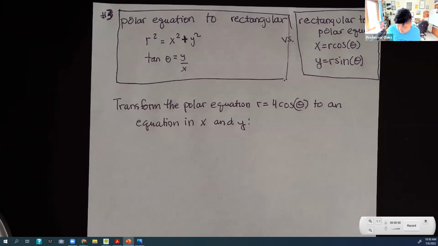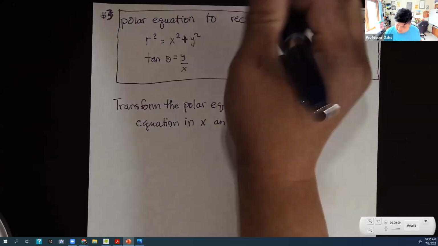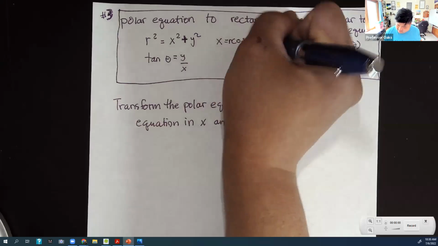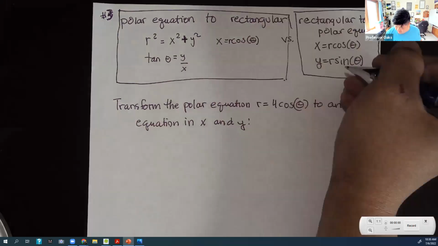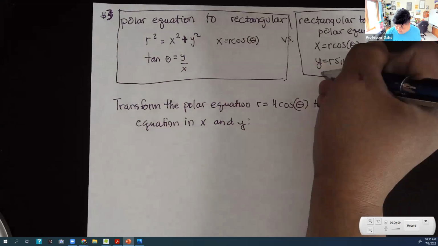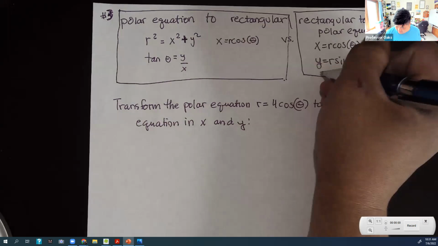Now that I say this, I guess these actually should go in this box too, because you might actually use these over here too.